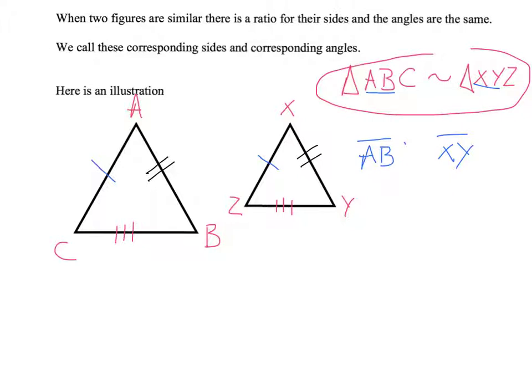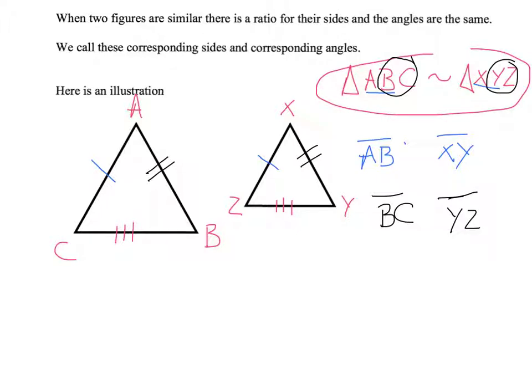Take a moment to see if you can use the letters to figure out another pair of corresponding sides. You might see that BC corresponds with YZ. So I could write that as such.